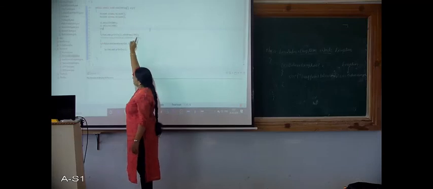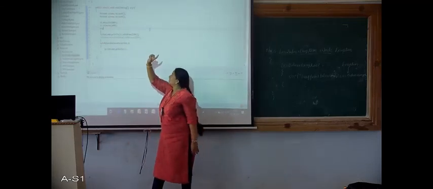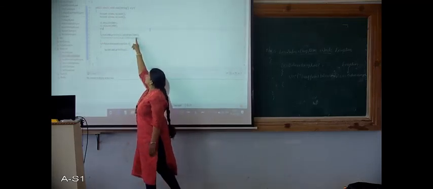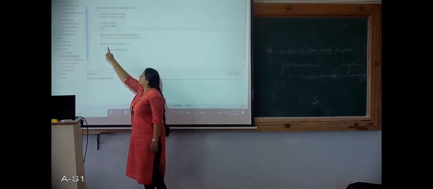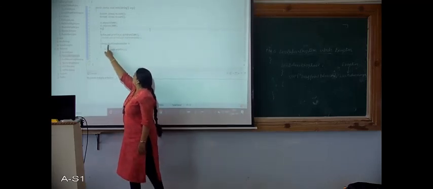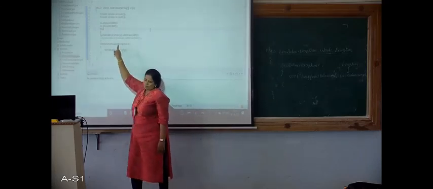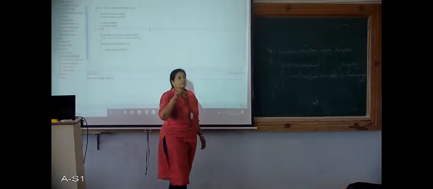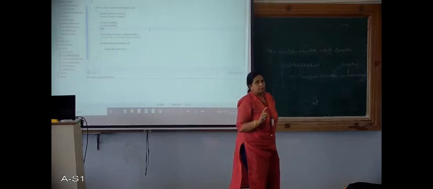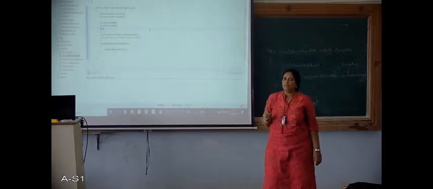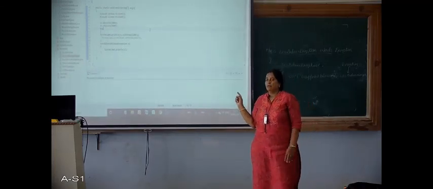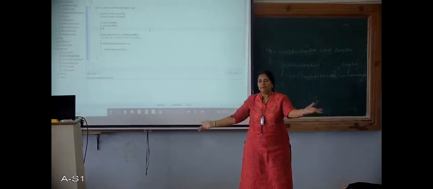An important point to note here is this method call has to be placed in the try block, and in the catch block we are catching LessBalanceException. A suitable exception should be caught. Here you cannot write division by zero error.